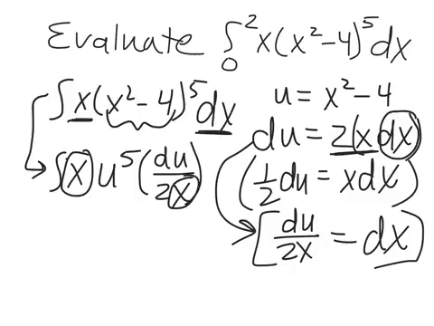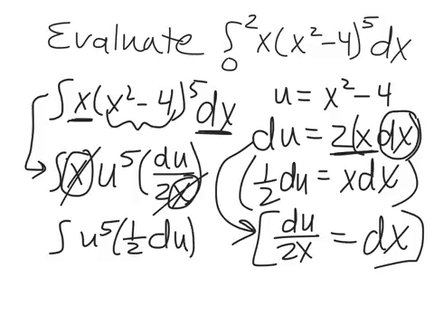X divided by x, those cancel, and we'll have the u to the 5th times 1/2 du, which again is what we would have done with Professor Berger's technique, and x dx is the same as 1/2 du.